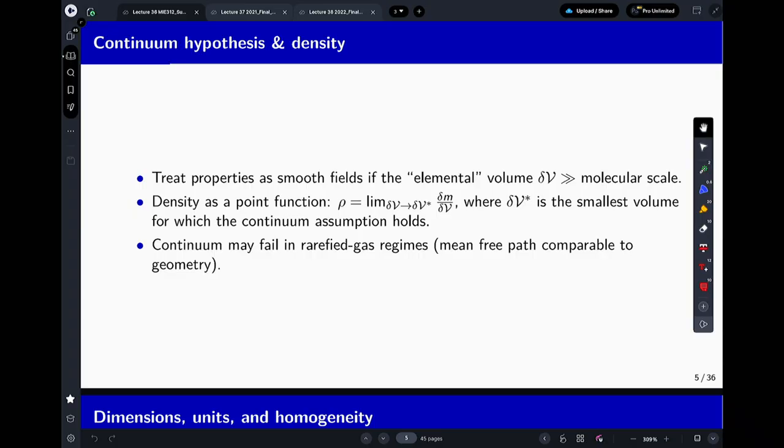Density is a point function where rho is equal to dm/dV, where dV is the smallest volume for which the continuum assumption holds. We haven't really done very much with it. For you in this class, we're going to assume forever that it's just a really small volume and that we don't have to worry about molecular scales.